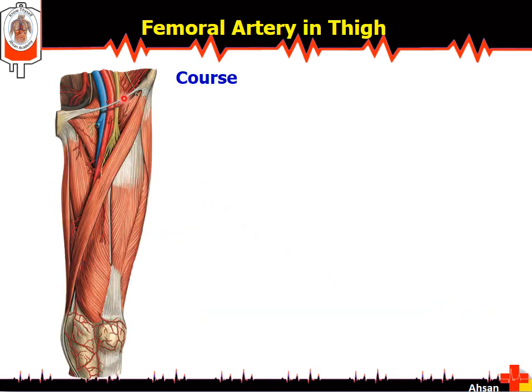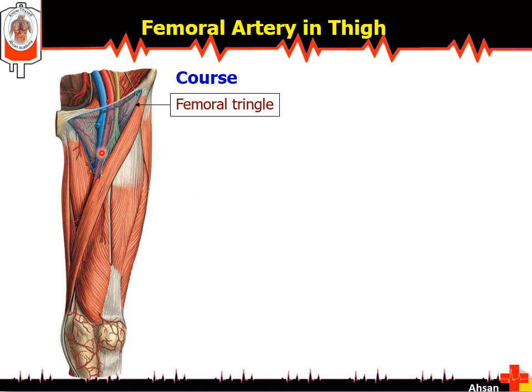Here you can see the femoral triangle. Again, let me show. This is the inguinal ligament, and the femoral artery arises just at this point and descends below in a triangular, muscular area. This is the femoral triangle. So the shaded area is the femoral triangle.